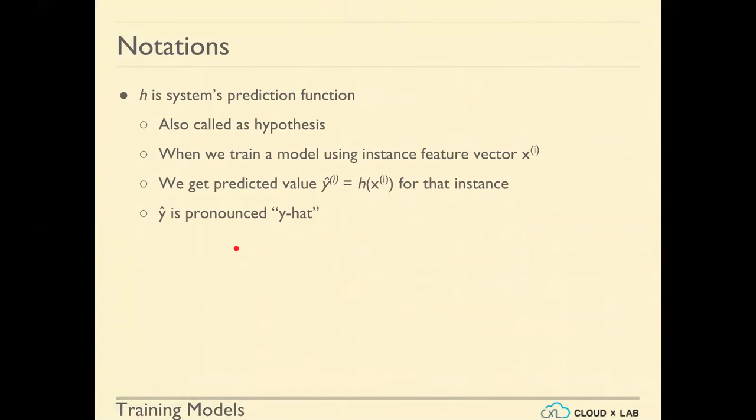Now H is the system's prediction function, also called hypothesis. So once we are given this data capital X, and also the small y, we are going to prepare a hypothesis as to how X and Y are related.